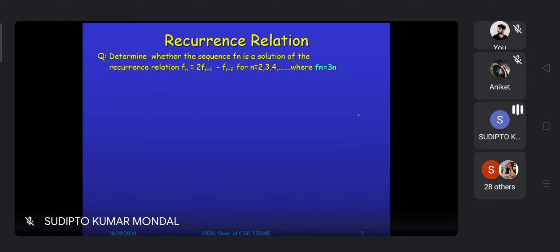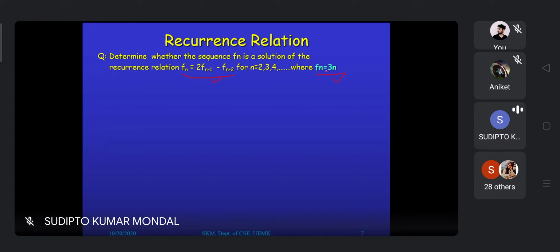The question says that Fn = 3n is supposedly the solution of the recurrence relation, and this is the recurrence relation. We have to check whether this is a solution of this particular recurrence relation or not. As I mentioned, our primary target is to solve the recurrence relation, and if this is a solution, then you can determine from it what we can get ultimately.